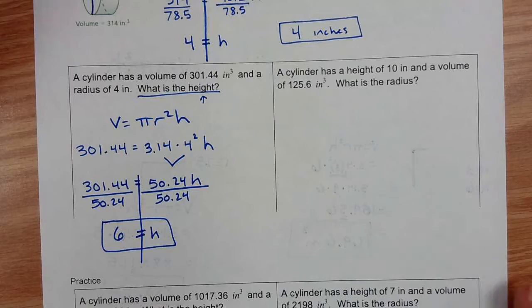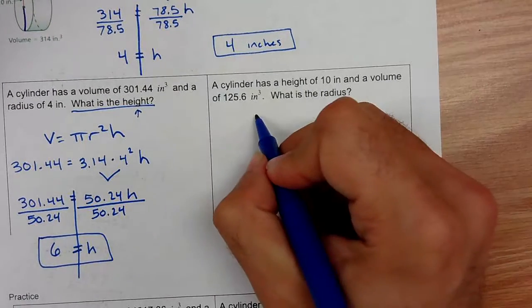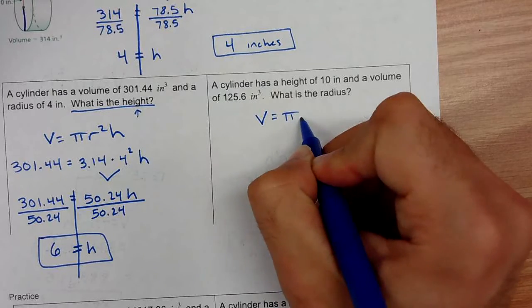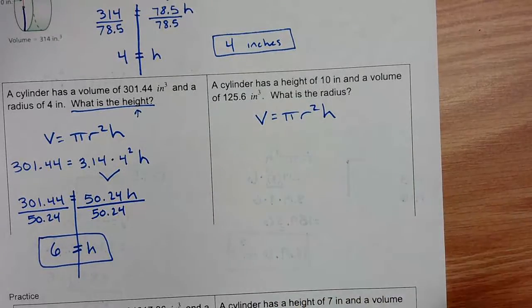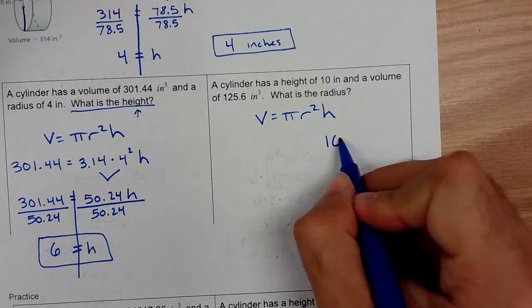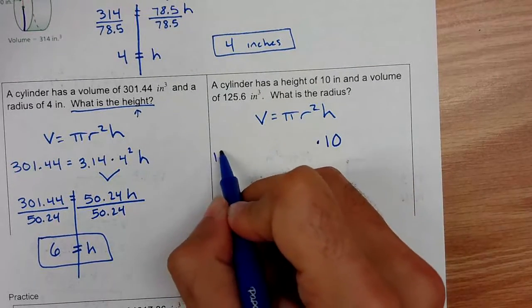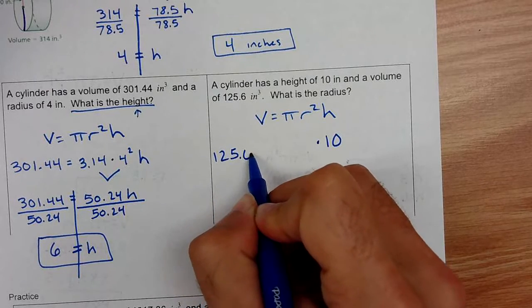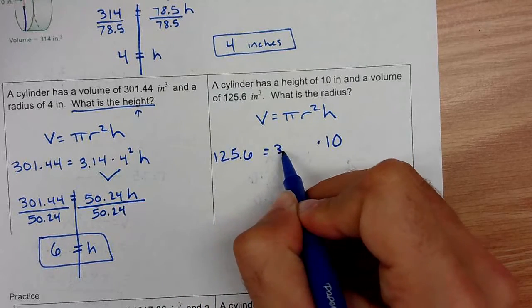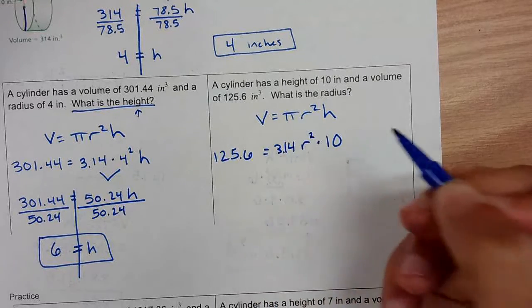And one more example. We're going to look for the radius. This is a little trickier. So volume equals pi r squared h. It says a cylinder has a height of 10, so that goes for h. Has a volume of 125.6. What is the radius? So we don't know what r is.